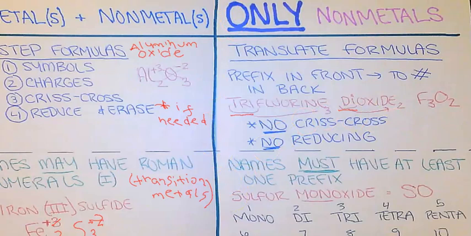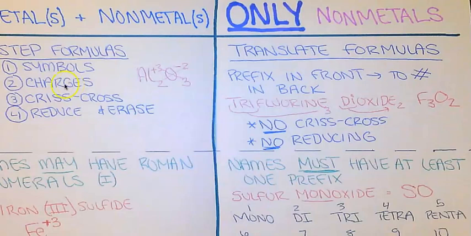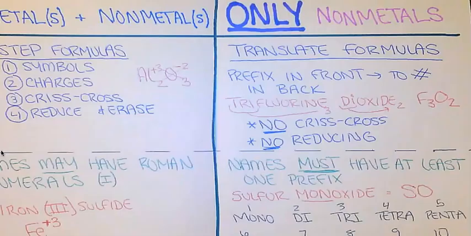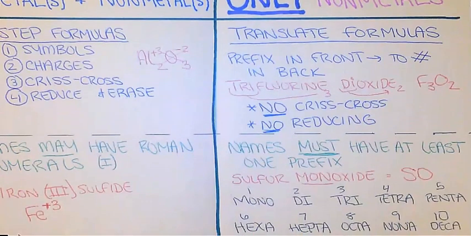Okay, and here's the bottom of it. And I cannot grab it. There we go. So for these compounds, the names must have at least one prefix. So for example, sulfur monoxide, even in this example, we never, ever use mono for the first one.